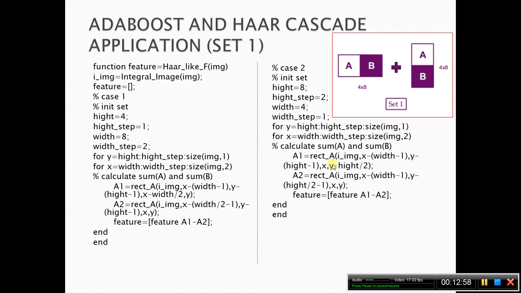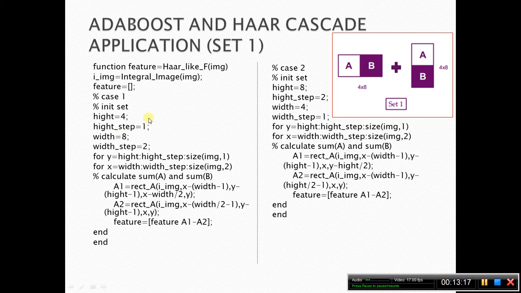Because this is not too technical, I will only say the height and width of the Haar features. It's inputted here. Can you see in the code in the slide, the height step and the width step here.